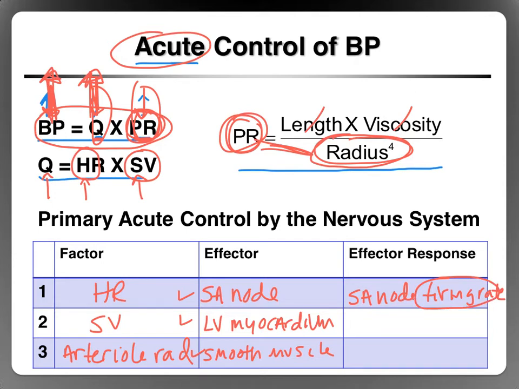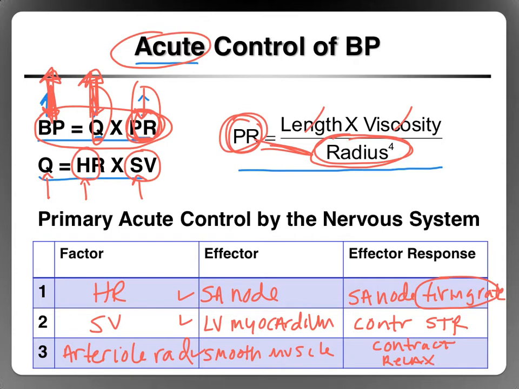For the myocardium, the effector is the myocardium, the muscle again, and the effector response is going to be contraction strength, how strongly the myocardium contracts. And the response of the smooth muscle in the arterioles is either to contract and cause constriction, or relax and cause dilation.